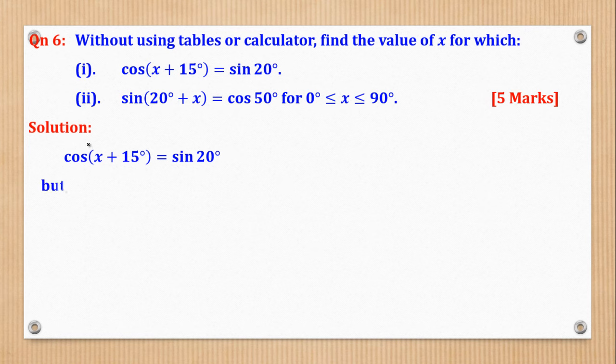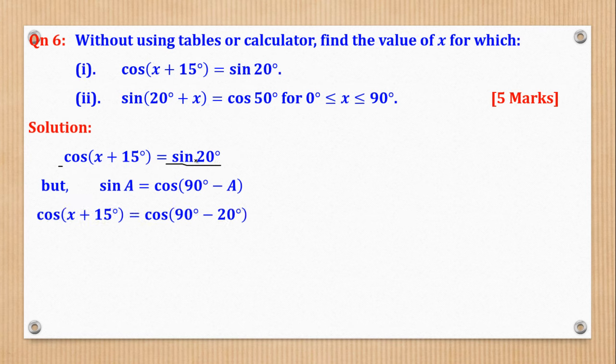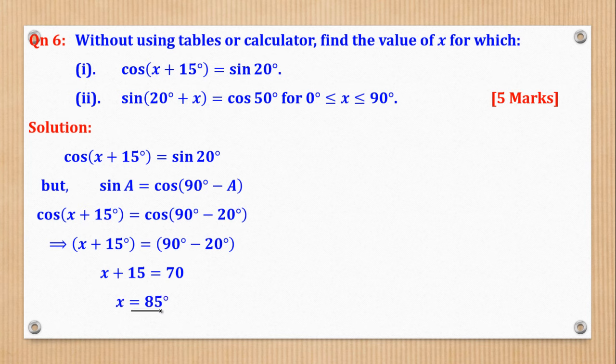So for Roman 1, first of all, we know that sine A is the same as cos 90 minus A. Therefore, because this is cos, I'm going to change this to also cos by saying this becomes cos 90 minus 20. Then from there, I can now cancel the cos to remain with this equal to this. Then make x the subject, which will be 85, and that's what they wanted.